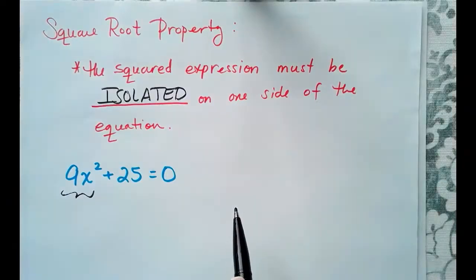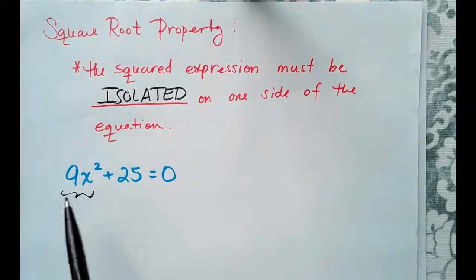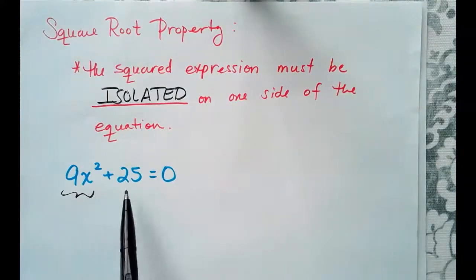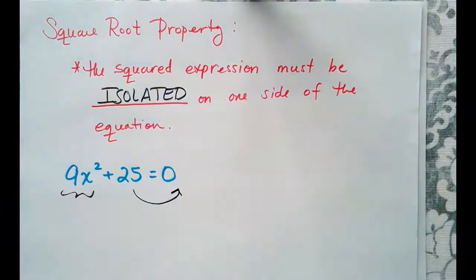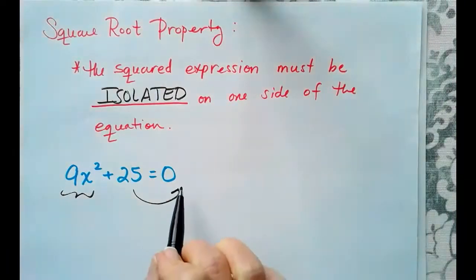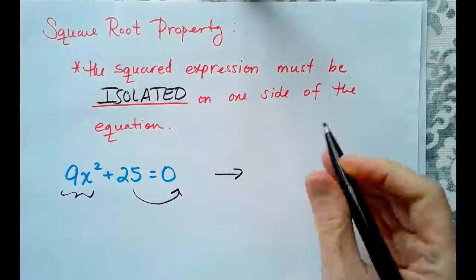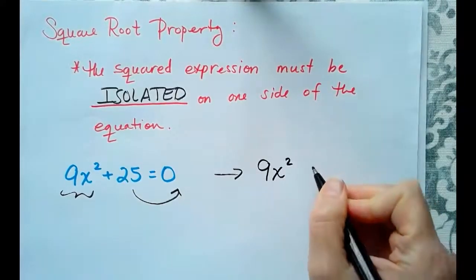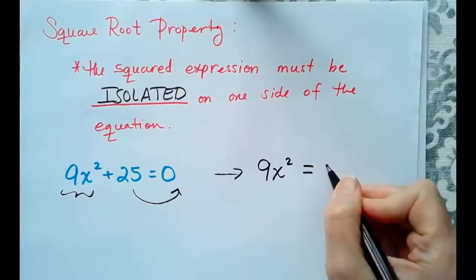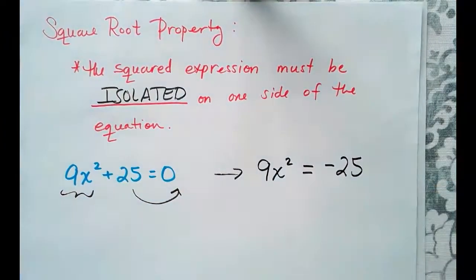The square root property is really mostly helpful when we only have two terms. Notice 1, 2. This is a binomial expression. So if we're going to isolate the squared term, we need to take the 25 that is positive and move it from the left to the right. That will transform this equation to 9x squared equals negative 25.